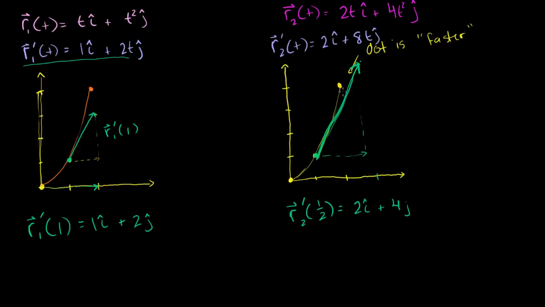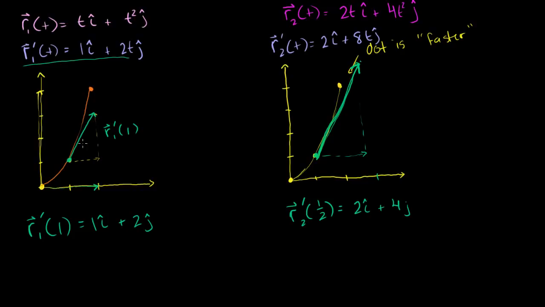But let's notice something. Both of these vectors are going in the exact same direction. They're both tangential to the path, to our curve. But this vector's length, its magnitude, is much larger than this vector's magnitude.